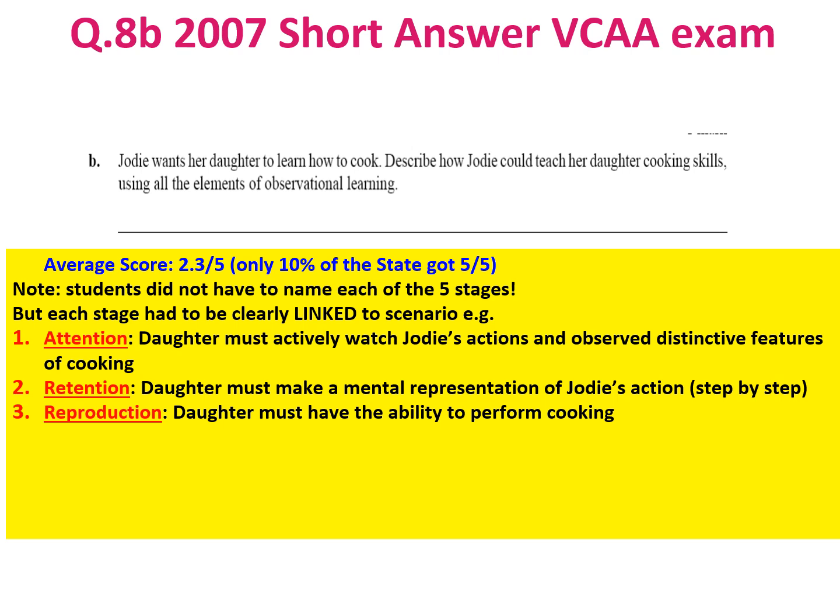Now, the reproduction is not the daughter actually reproducing the behavior and cooking herself. It's observational learning, not observational doing. The daughter's got to have the physical and mental ability to do it. In terms of the motivation, the daughter must be motivated to try and replicate this behavior in the future when she gets her opportunity.